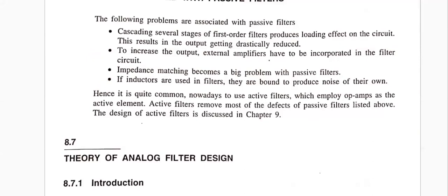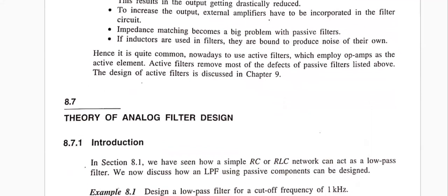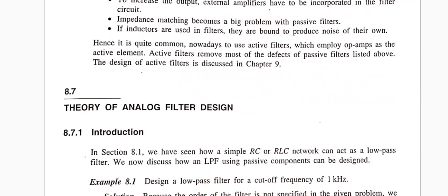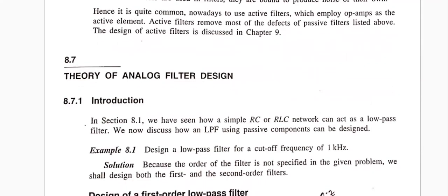This is a key issue, and those are the points we need to always keep in mind. Hence, it is quite common nowadays to use active filters, which employ op-amps as the active elements. Active filters remove most of the difficulties we have faced with passive filters.